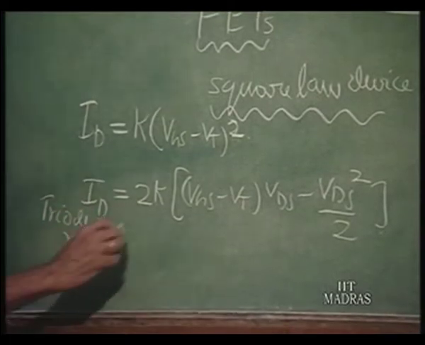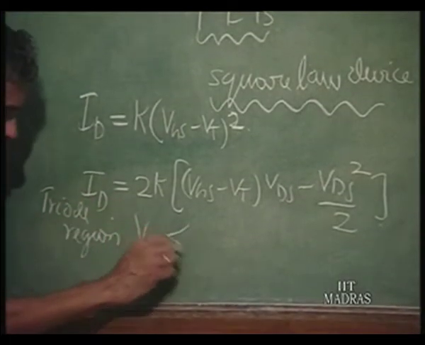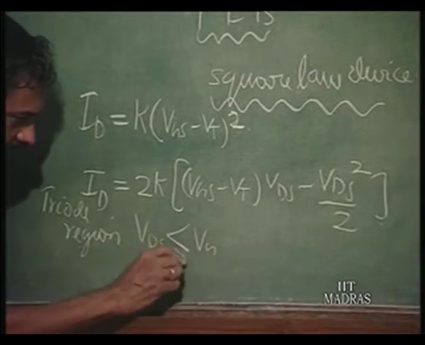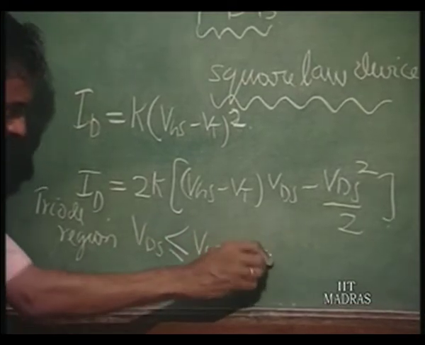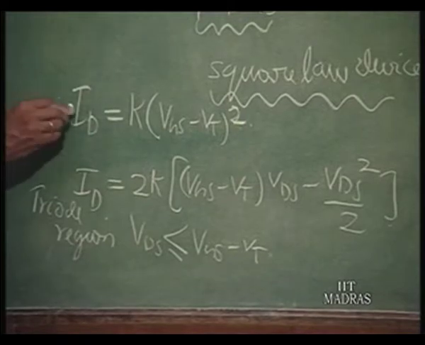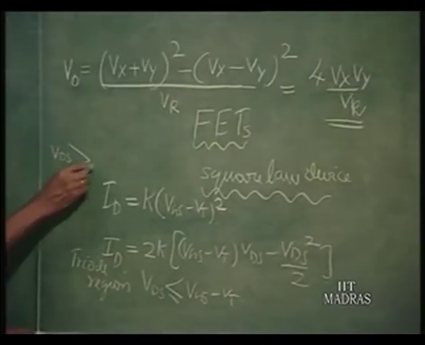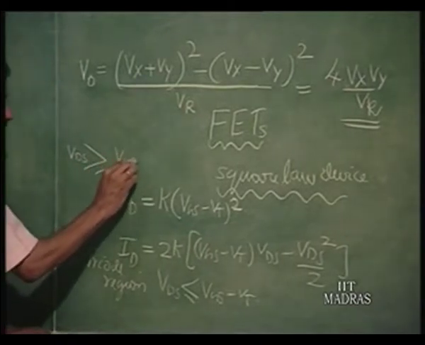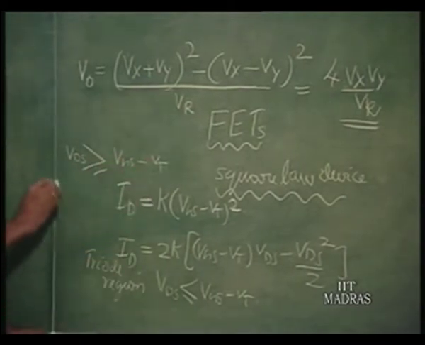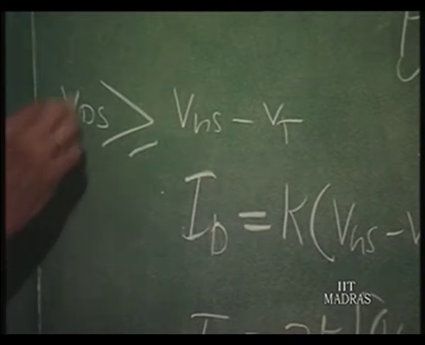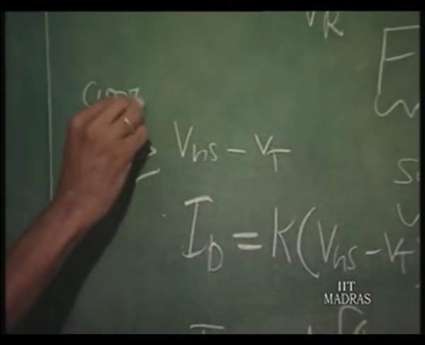That is when VDS is less than or equal to VGS minus VT. This relationship is valid. This other relationship is valid when VDS is greater than or equal to VGS minus VT. That is in the current saturation region. This is called current saturation region.